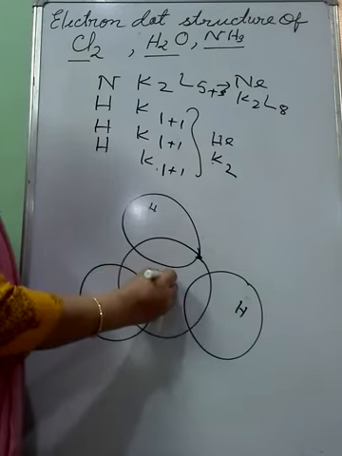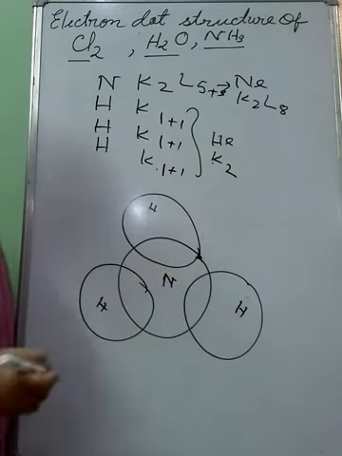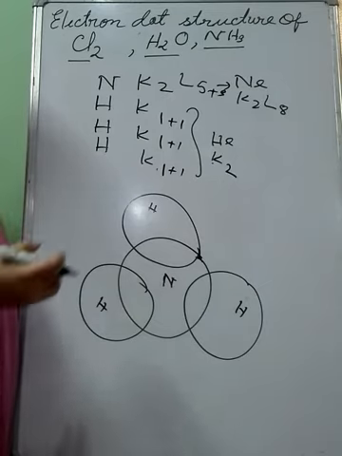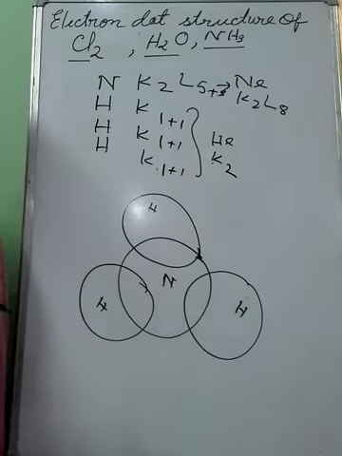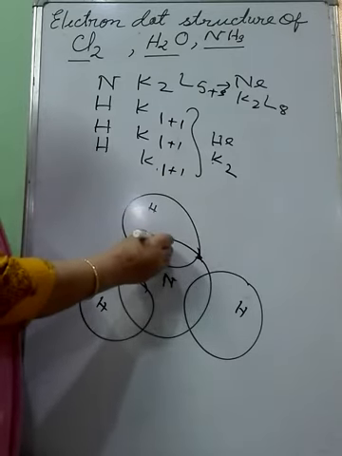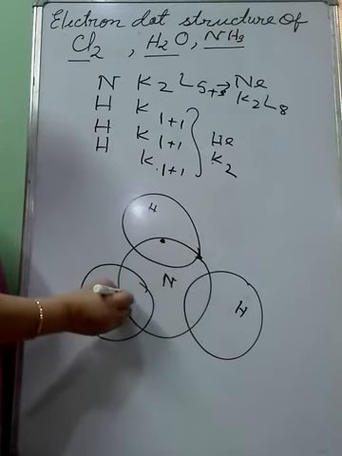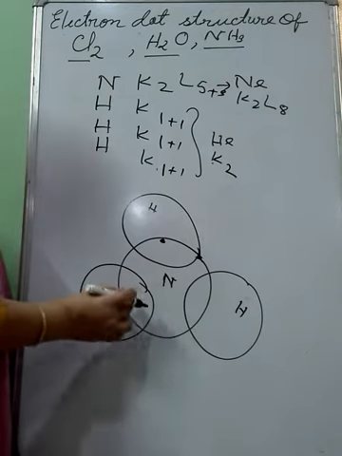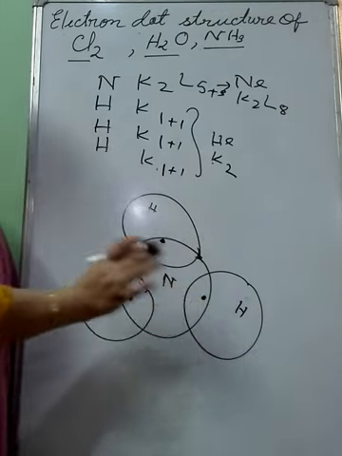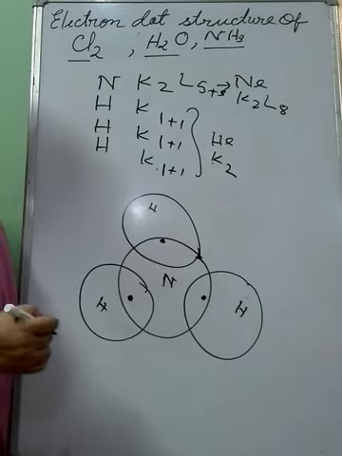This is the nitrogen. Now you see, I am representing electrons belonging to the nitrogen with the cross, and electrons belonging to the hydrogen with the dot this time. Each hydrogen has only 1 electron, which is contributed here in the overlapping region in the sharing part.